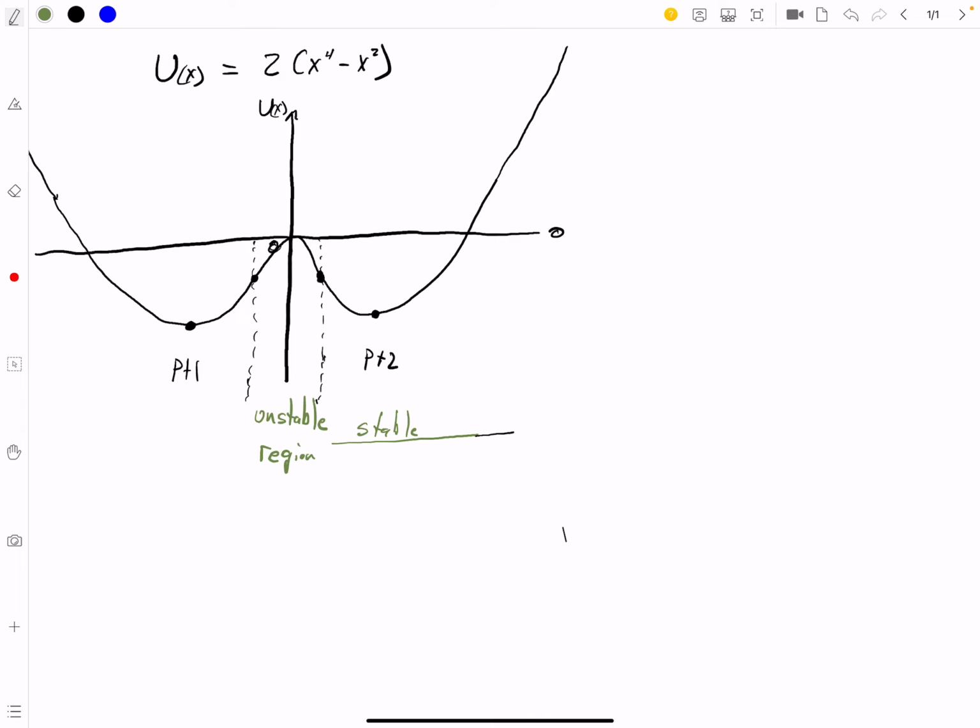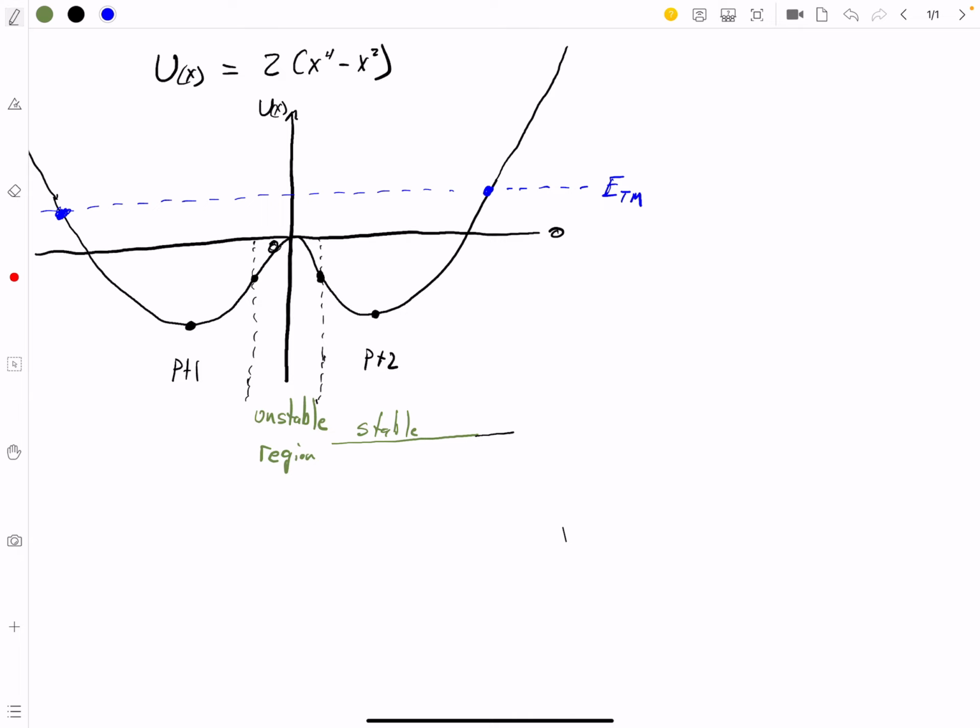But we're not going to allow that, because we're going to say, no, right here is our total mechanical energy. And we are only going to be allowed at first to go from this point to this point. So that's all we can do.